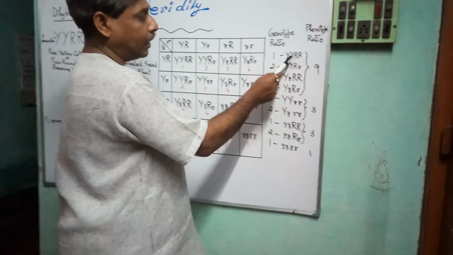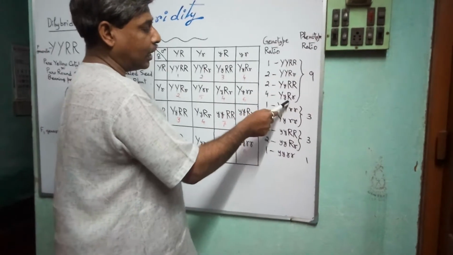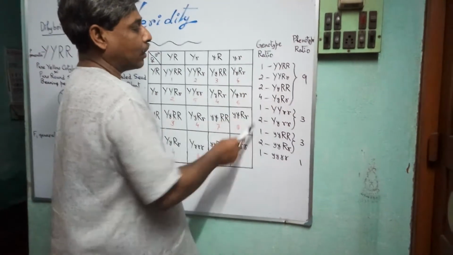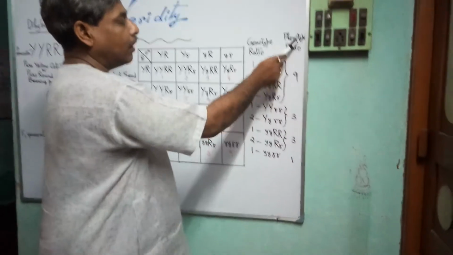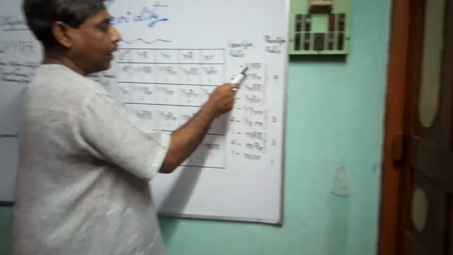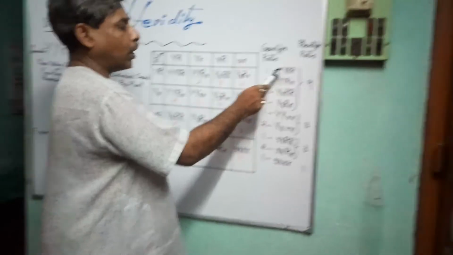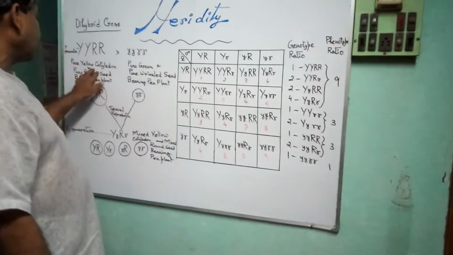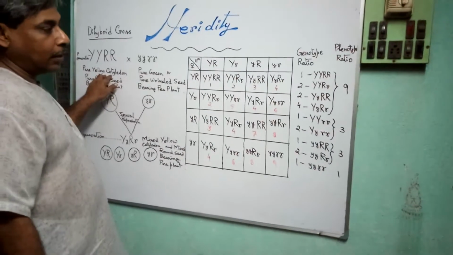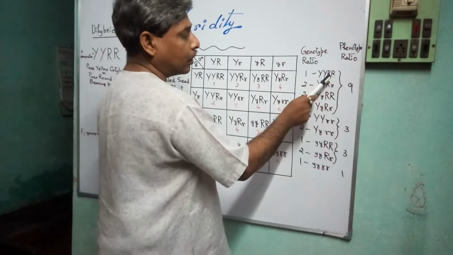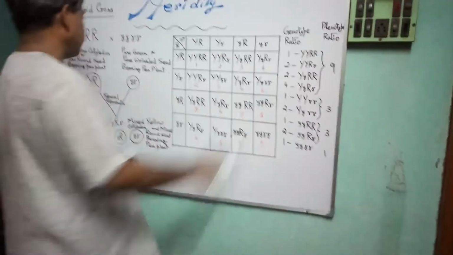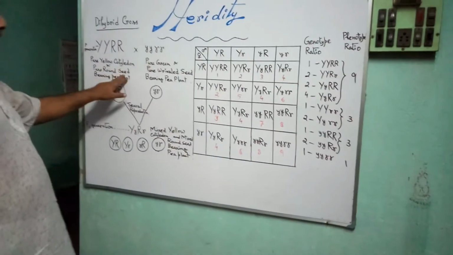And as we see, these 4 initial individuals are similar in character. Why? If we consider the phenotype, if at least one capital Y is present, that represents the yellow cotyledon. If at least one capital R is present, that represents round seed.